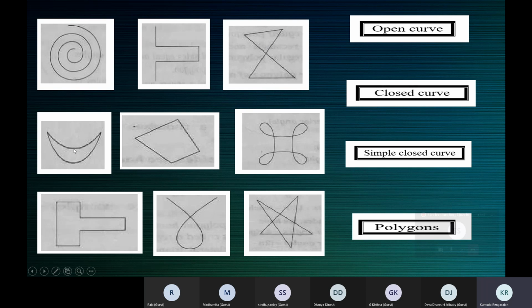Yes, children, next one. Is it a curve? Yes, ma'am.